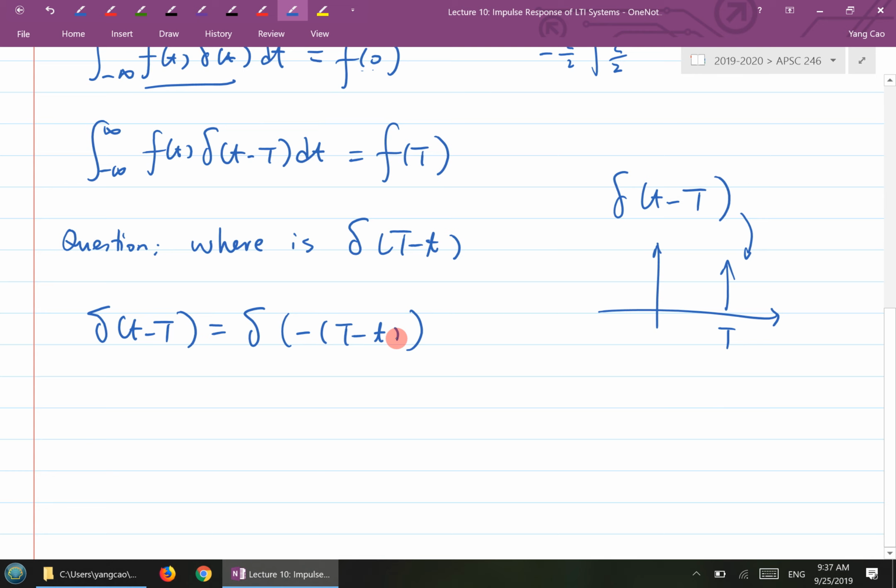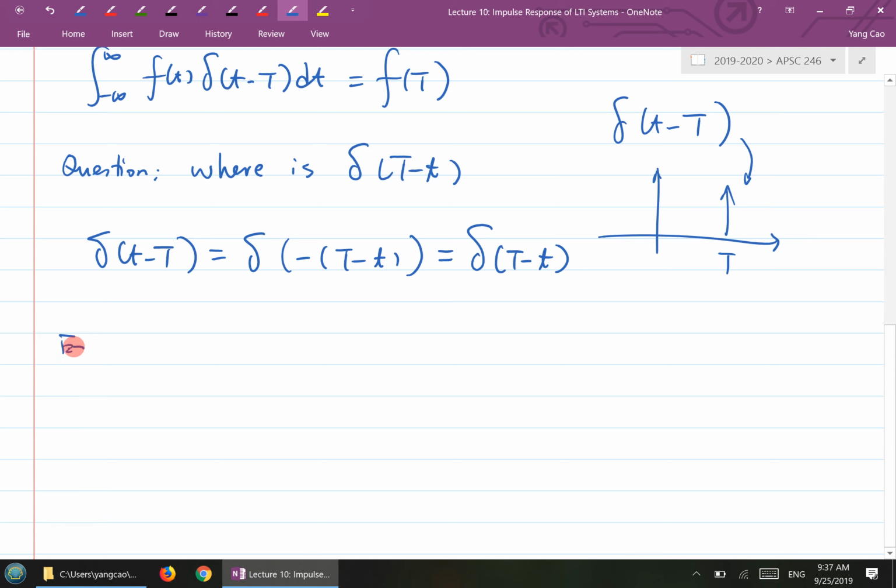Okay. Because of the even function, this actually will become this. Okay. So basically, delta capital T minus T is the same as delta T minus capital T, because of the even property. So you can draw the same thing as this. Okay. Yeah.